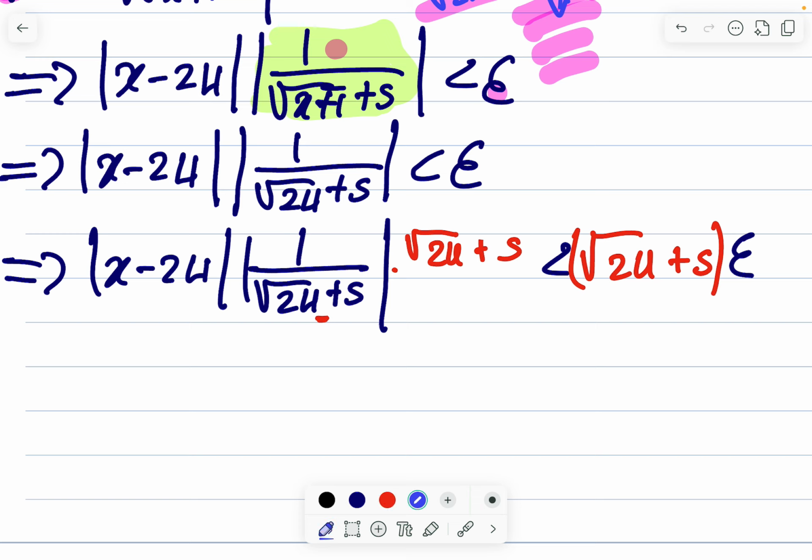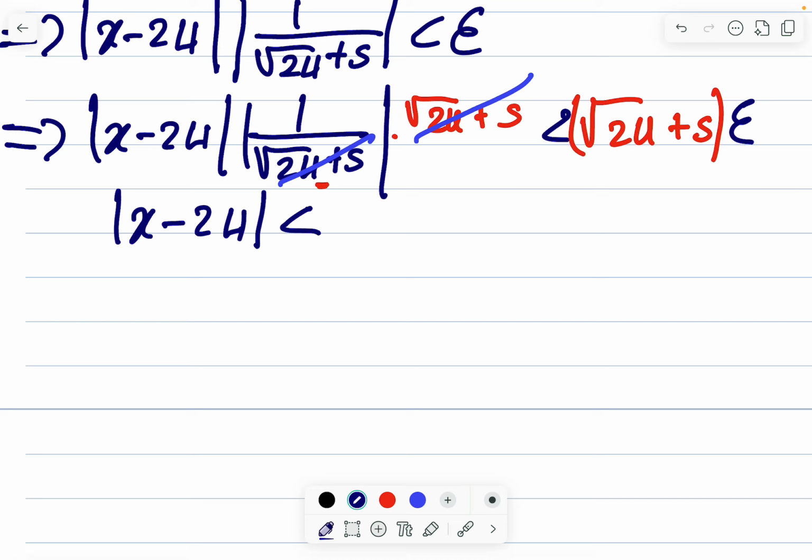This one cancels that one. I'm going to remain with my goal, which I finally found. It's less than 9.89, punch it on a calculator, multiplied by some delta.